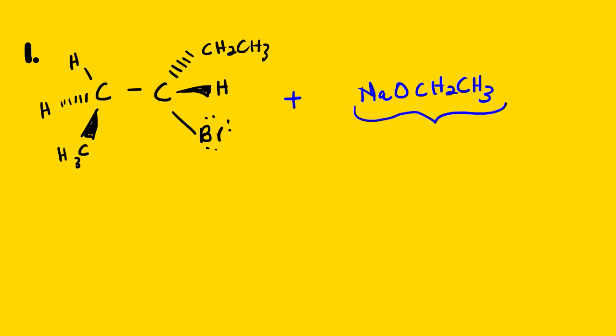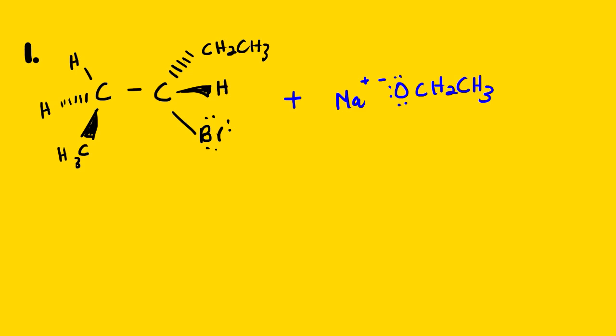Looking at this, you might say it is not a strong base, but once we separate the ions, we have sodium with a positive charge, and oxygen as negatively charged. This will result in a strong base.